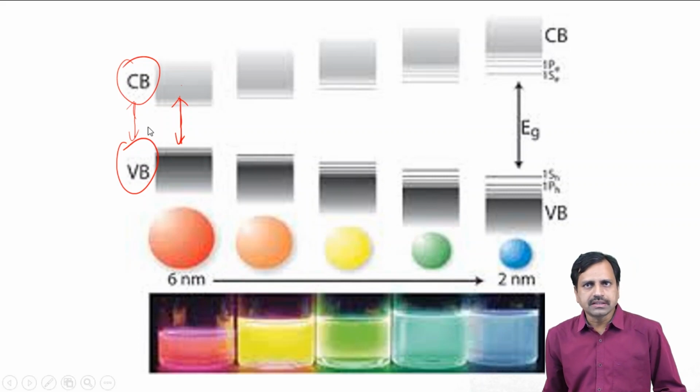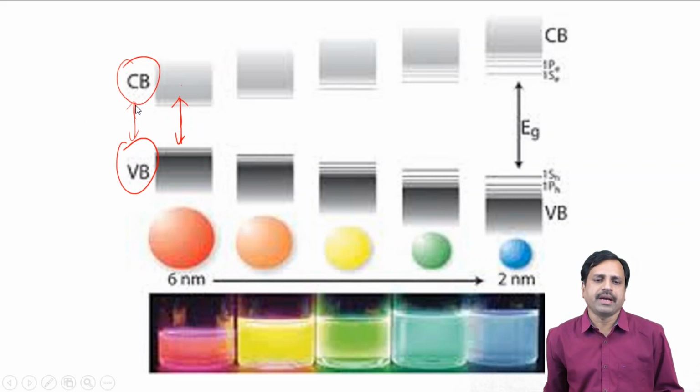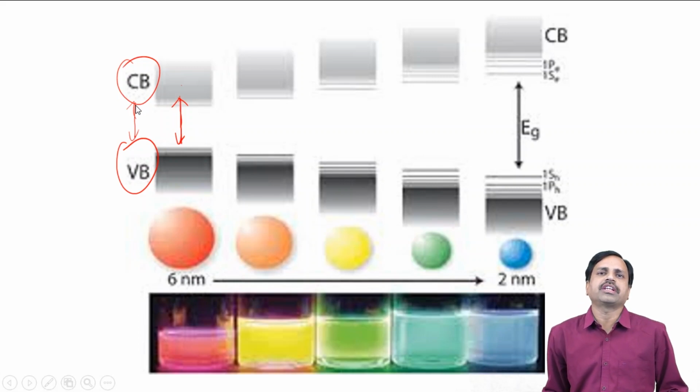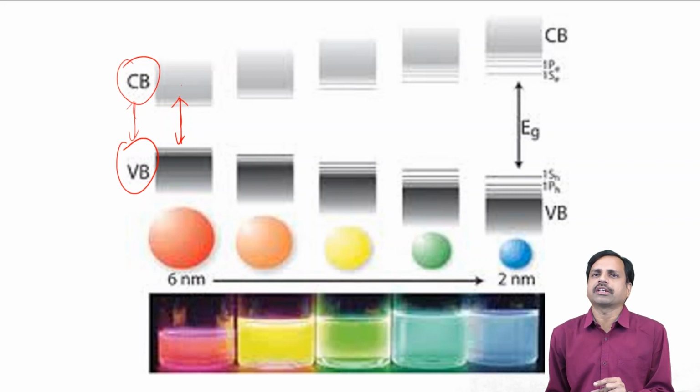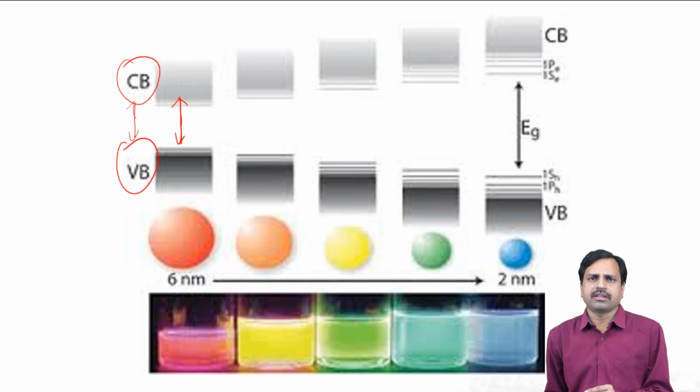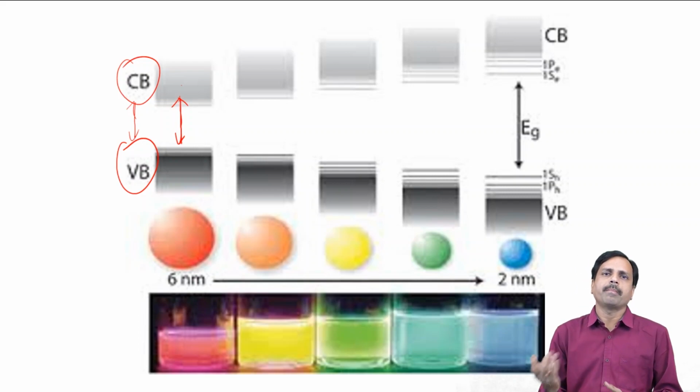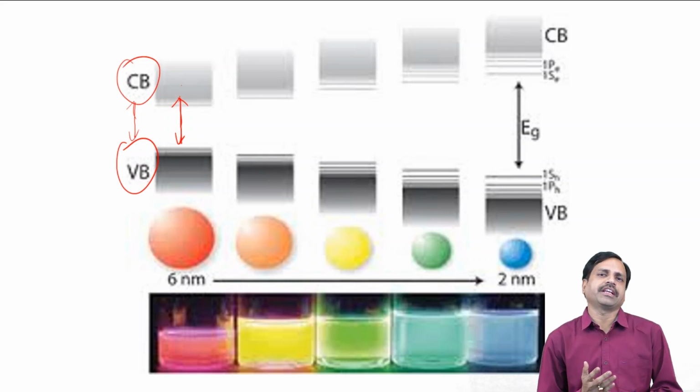The conduction band and valency band indicate the conductivity of the material. In a semiconductor, this is called the forbidden gap or the band gap, and it plays a prominent role in how much conductivity that material shows.